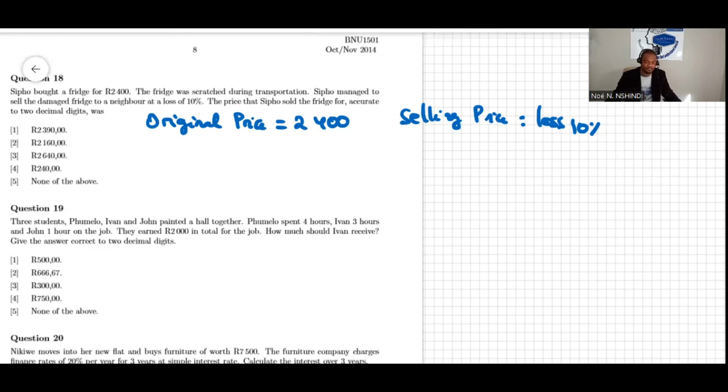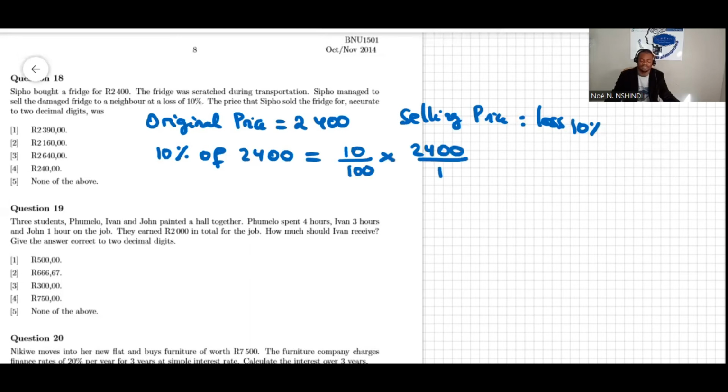So 10% of 2,400 is the same as 10 over 100 multiplied by 2,400. That's the meaning of 10%.